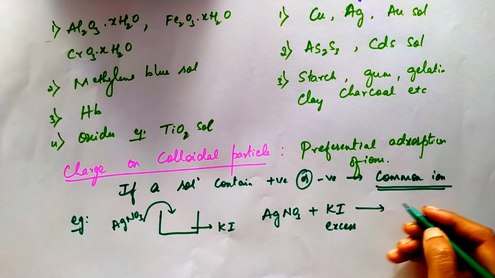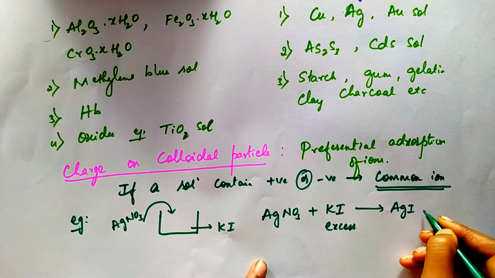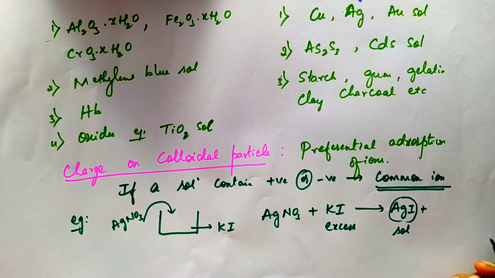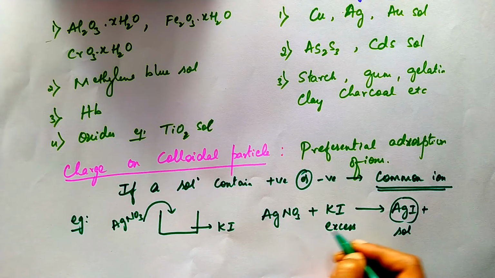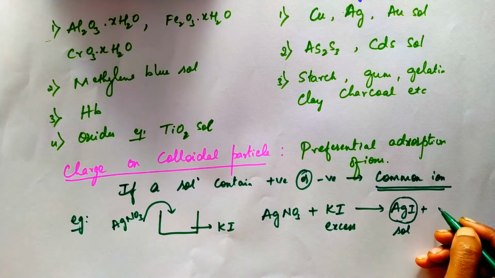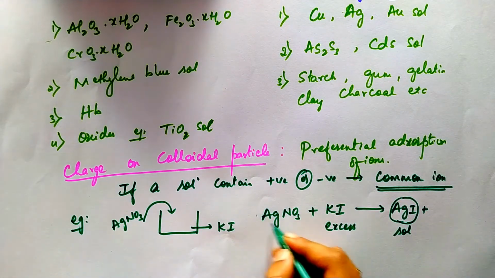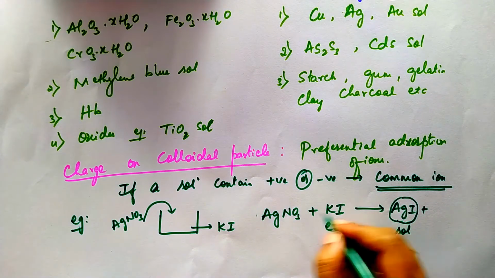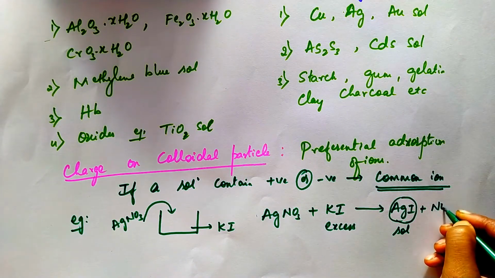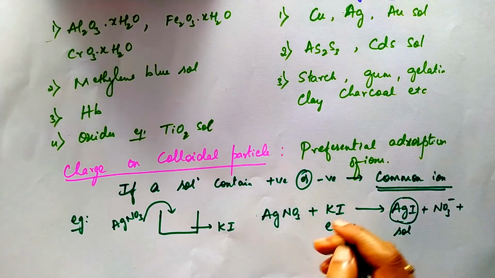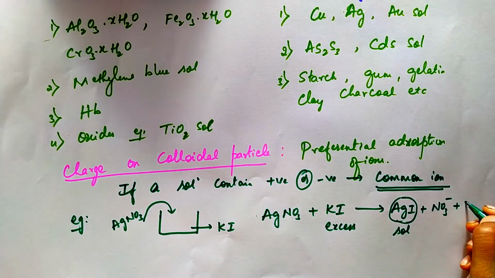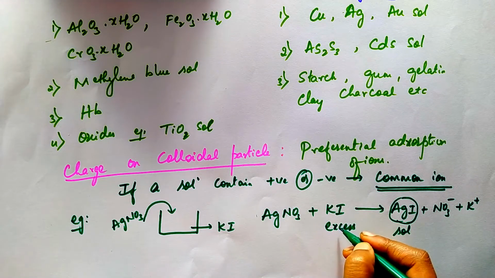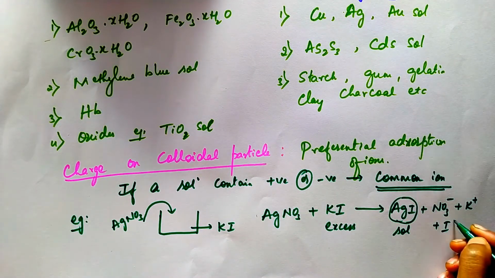So the product obtained is AgI, this is the colloidal particle, and the remaining terms in this solution are NO3 minus, since Ag is completely combined with iodine, and then excess K plus, and also I minus, which is present in excess amount.